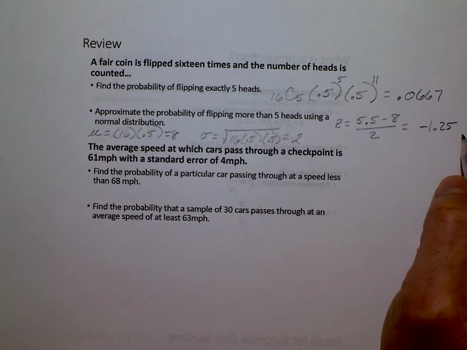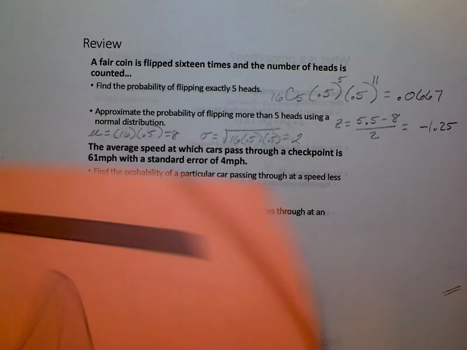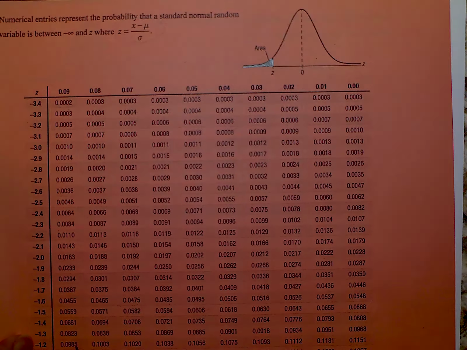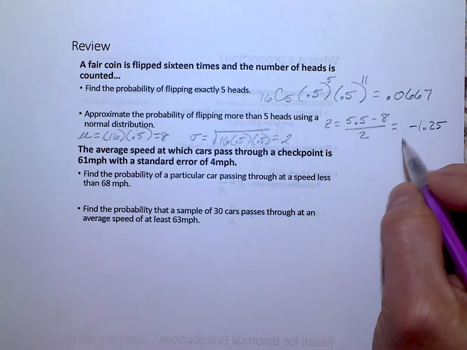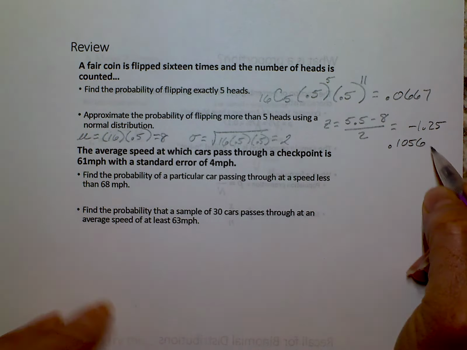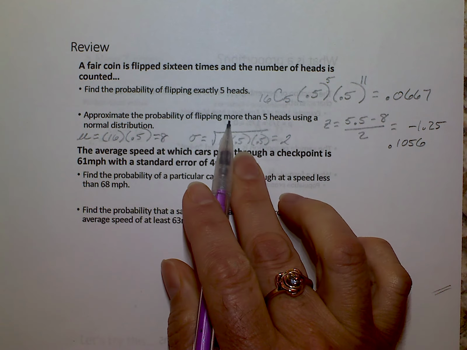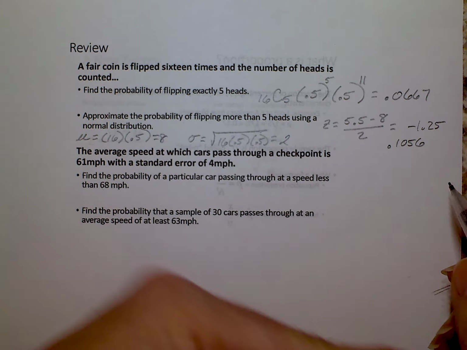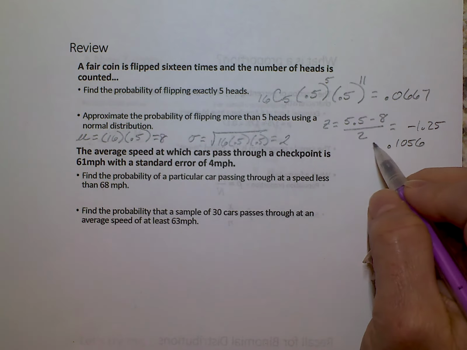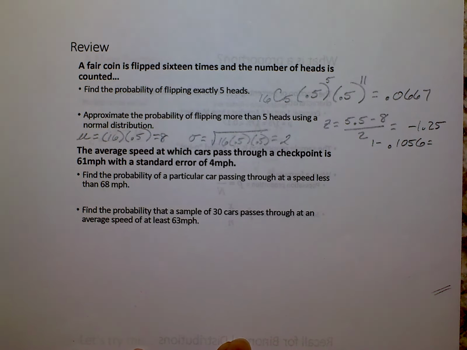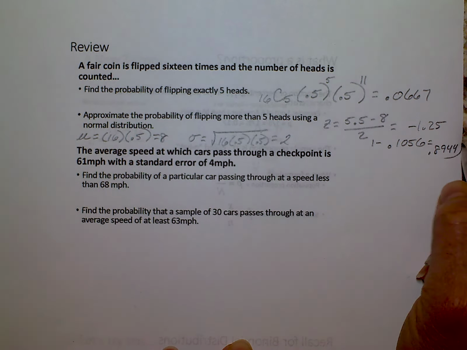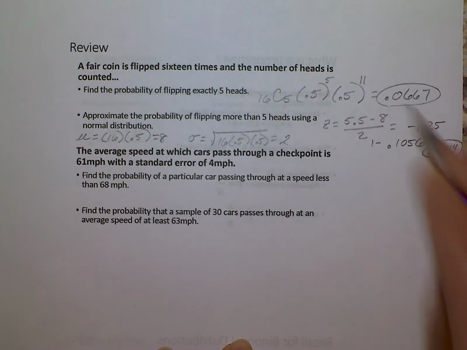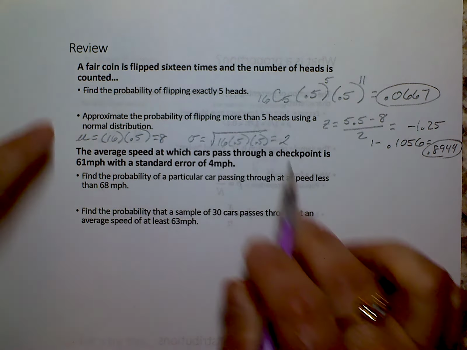I'm going to grab my handy dandy table. Negative 1.25 is 0.1056. However, we are going more than, so we are going to the right. I need to do a 1 minus, don't I? So 1 minus 0.1056 gives 0.8944, so about an 89% chance.